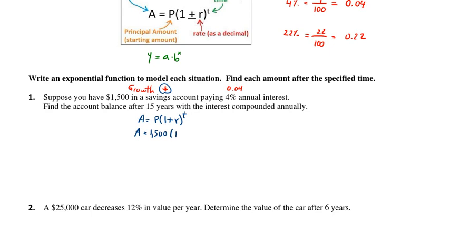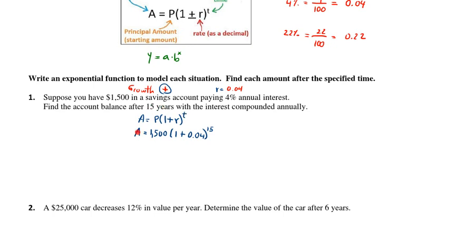The 1 is part of the formula. And then the r, which is the rate, written as a decimal, is 0.04. All this is going to be raised to the 15 because it's the time. In this case, it's 15 years.